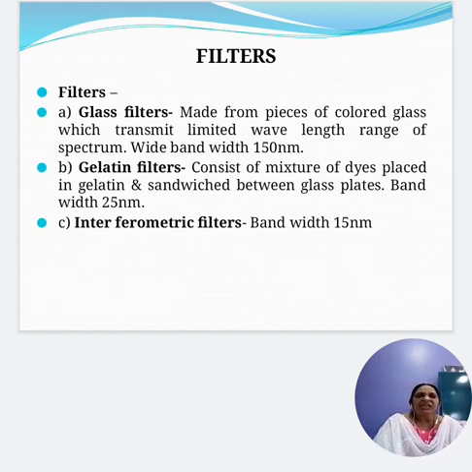Then we have gelatin filters, which consist of a mixture of dyes placed in gelatin and sandwiched between glass plates. Then we have interference filters. Depending upon our requirement to filter out the unwanted signals, we use the different types of filters: glass filters, gelatin filters, and interference filters. When we use glass filters, the bandwidth is 150 nanometers.